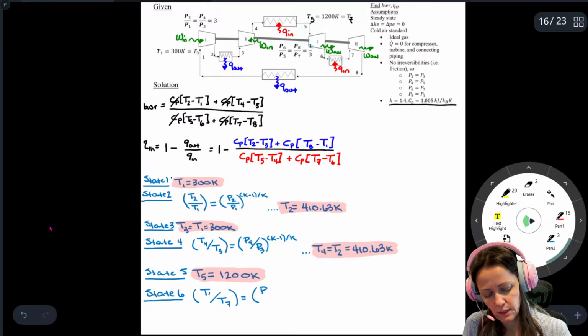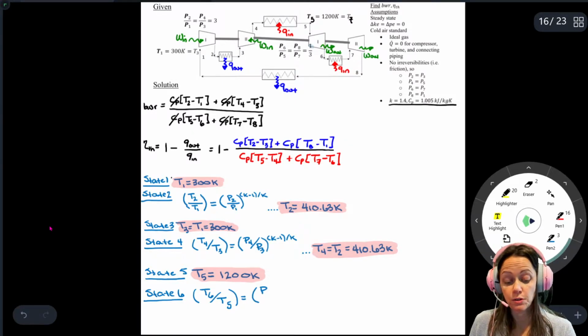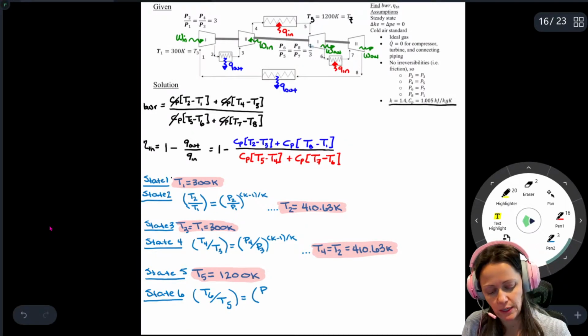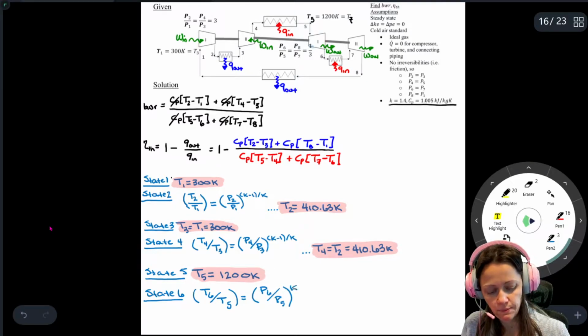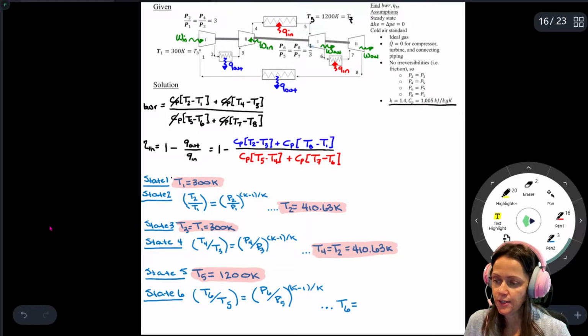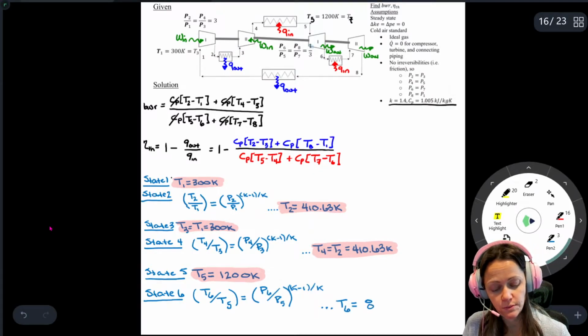Oopsies, got ahead of myself. It's an isentropic relationship for an ideal gas with constant specific heats. P6 over P5, that's 1 over 3 to the K minus 1 over K. And I've got a T6 value of 876.72.